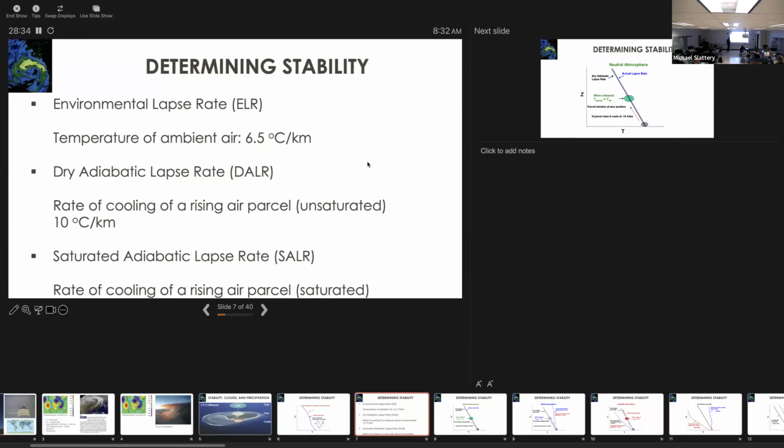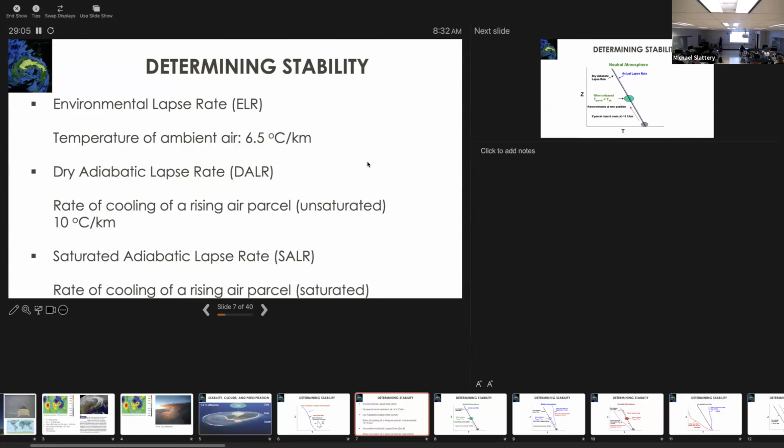Okay. Then we have the next acronym, the DALR. This is the dry adiabatic lapse rate. Okay. This will impress your family if you can explain the DALR over spring break. The dry adiabatic lapse rate. Okay. So what's the dry adiabatic lapse rate? That's the rate at which a parcel will cool if you lift it in the atmosphere, if it is not saturated, right?